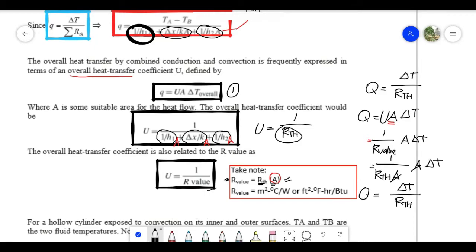So, in short, same pa rin po. Kaso nga lang, itong U pag medyo madami, given na madalas to sa problem.